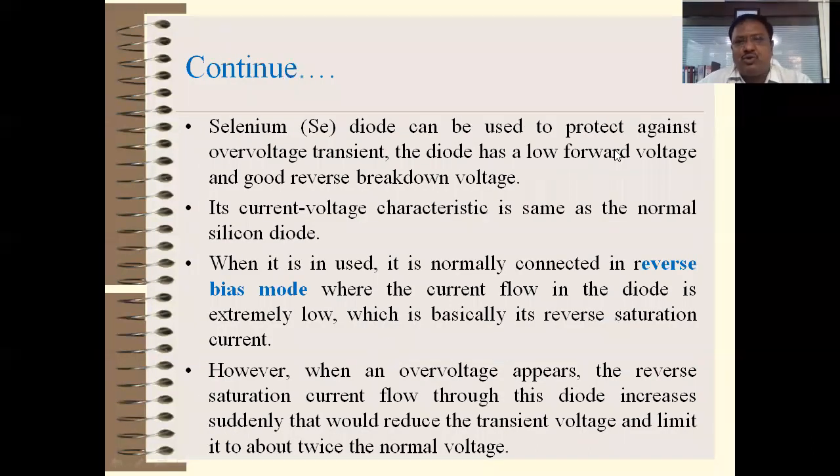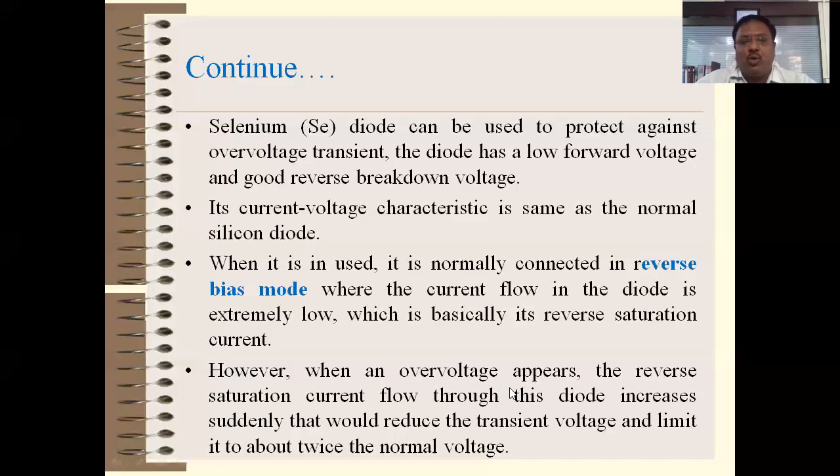Selenium diode can be used to protect against over voltage transients. The diode has low forward voltage and good reverse breakdown voltage capacity. Its current voltage characteristic is the same as a normal silicon diode. When it is connected in reverse bias mode, the current flow in the device is extremely low, which is basically its reverse saturation current due to minority charge carriers.